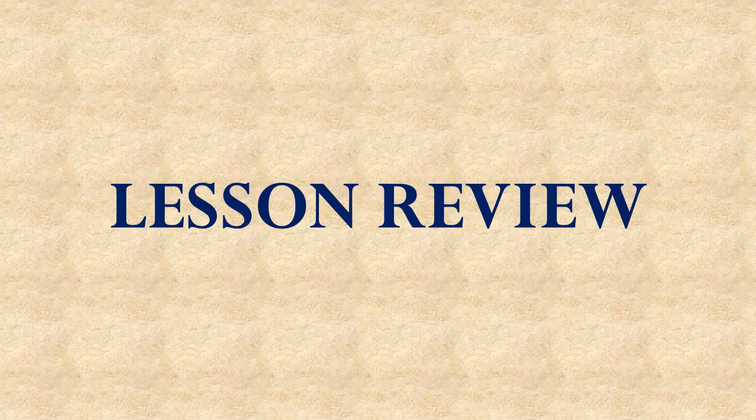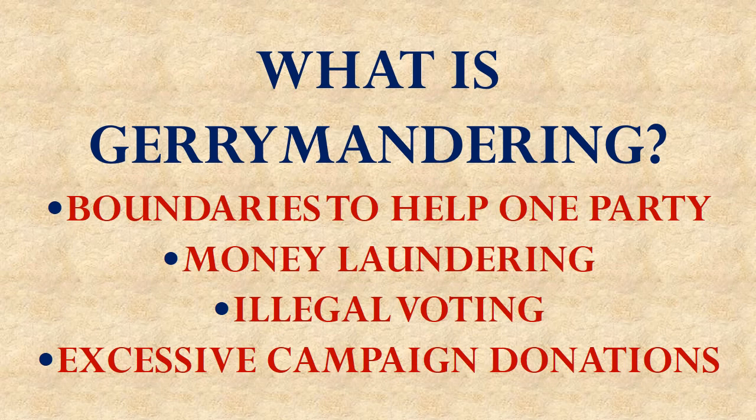So now let's review what you learned in this lesson. What is gerrymandering? Is it boundaries to help one party or the other? Is it money laundering? Is it illegal voting? Or is it excessive campaign donations? Gerrymandering is boundaries drawn to help one political party or one group instead of another.